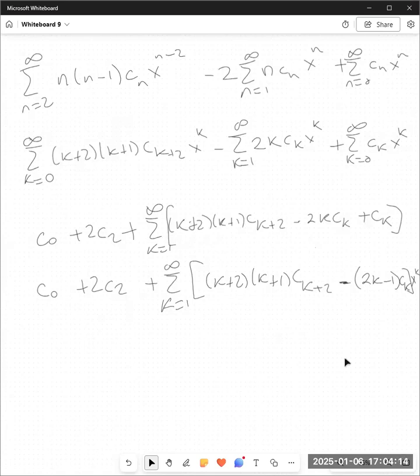We'll get answers that will combine into functions that look like things like this, that have k's in them, or n's in them, or whatever.